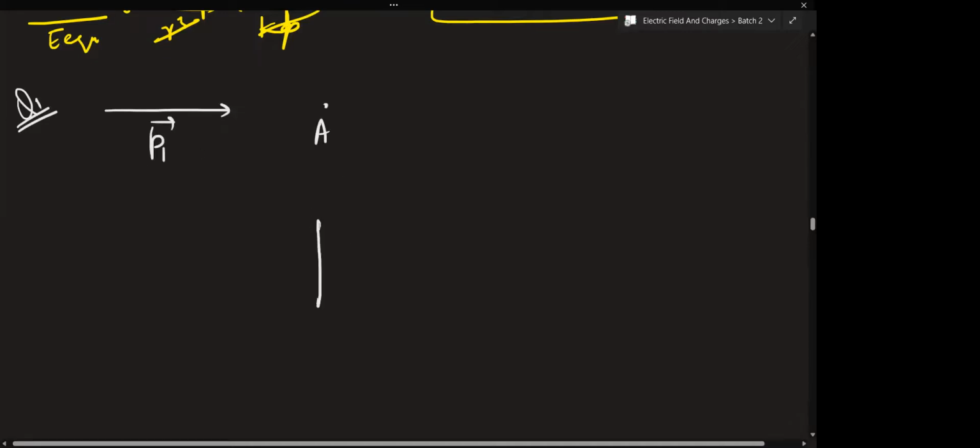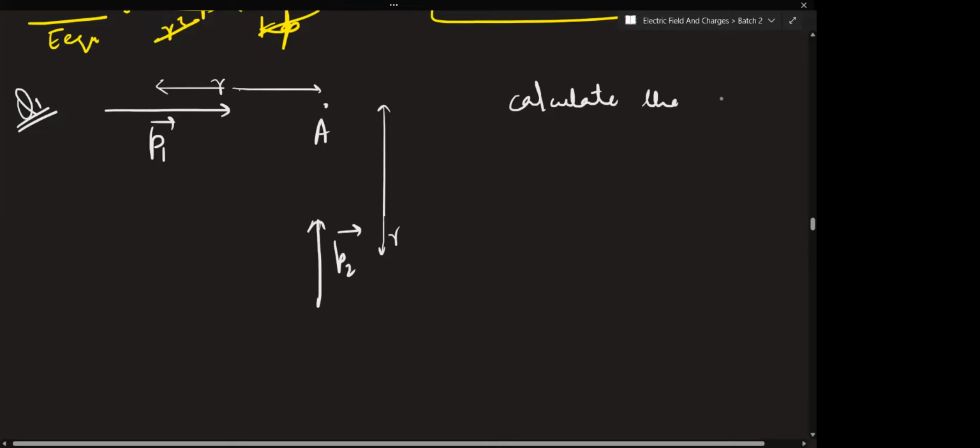This is the direction and this is the second dipole that you have. P1, this is P2. And this separation from the center of dipole to this point, similarly center of this dipole and separation, this is again R. So write down whatever is the resultant of E1 and E2. Resultant electric field.